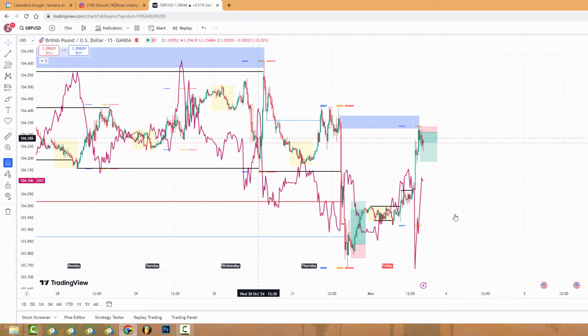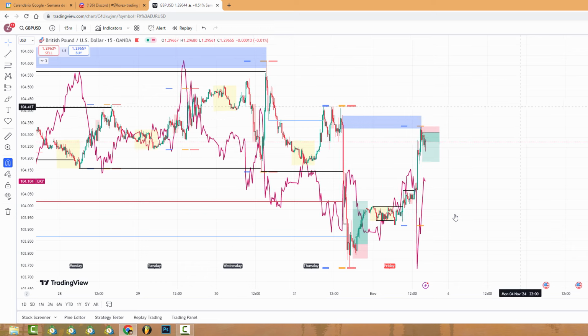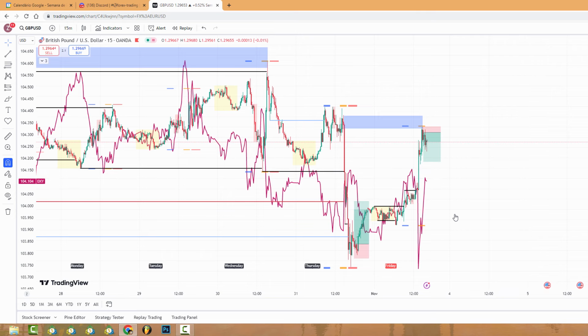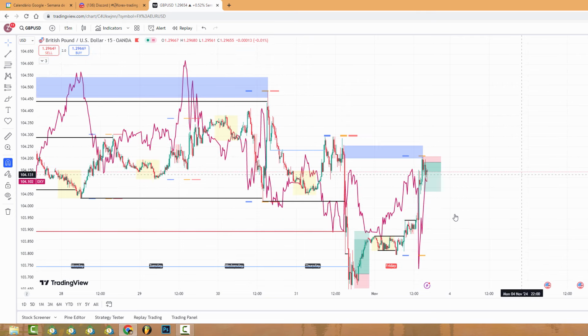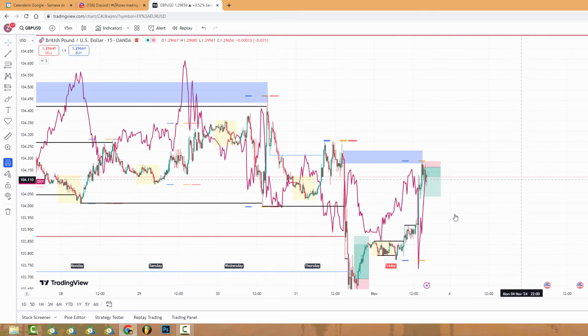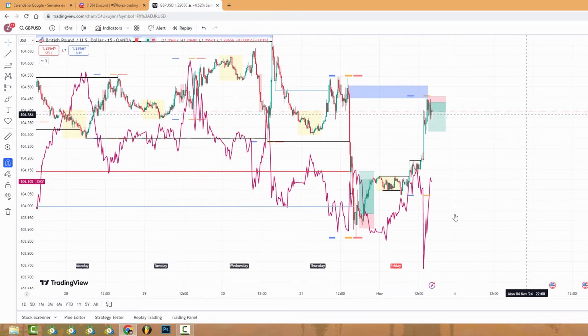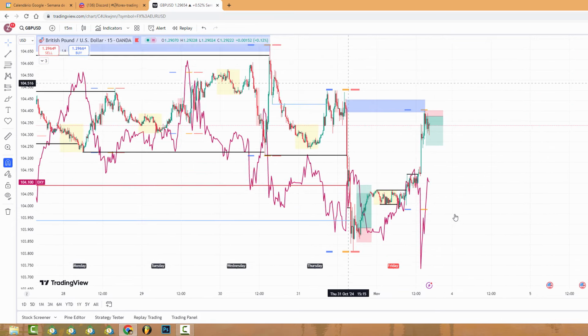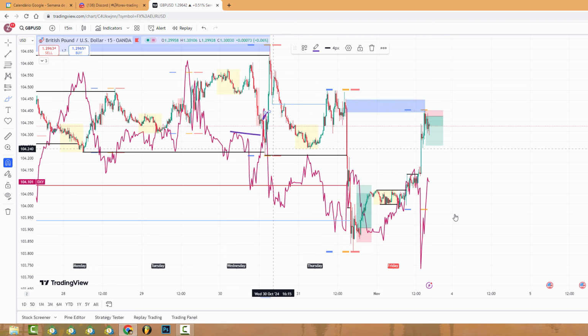Because you see, how do I do this? If you see, we're going down on the DXY, and boom, we just break this liquidity, alright? We just break this liquidity above.